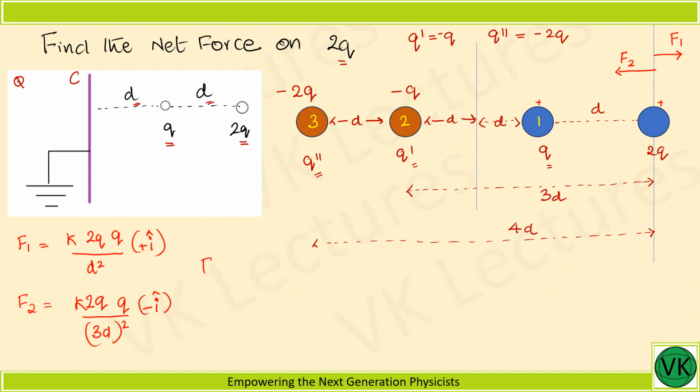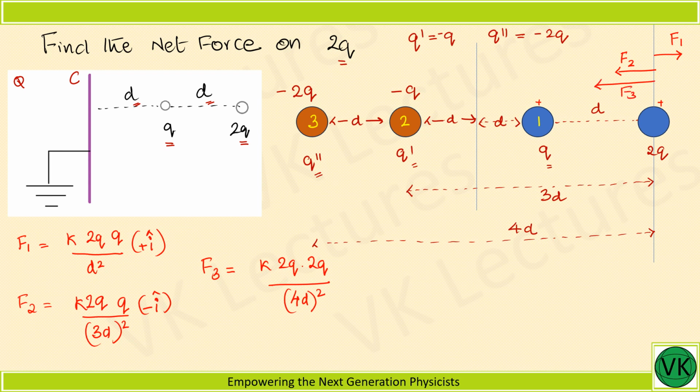Now we need F3. K 2q into q double dash, which is again 2q, divided by 4d squared, and there is a minus charge here, this is again plus, and minus and plus is again an attractive force F3.